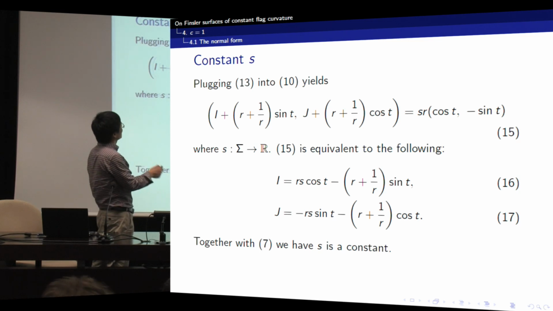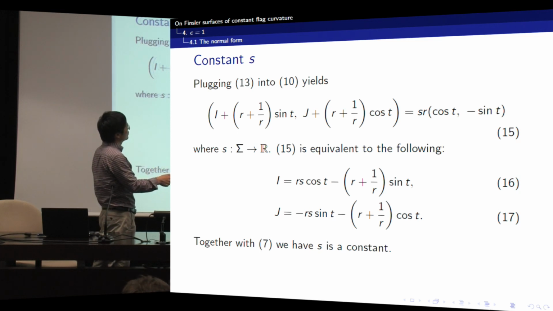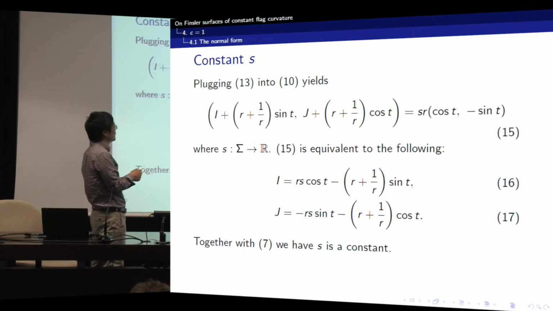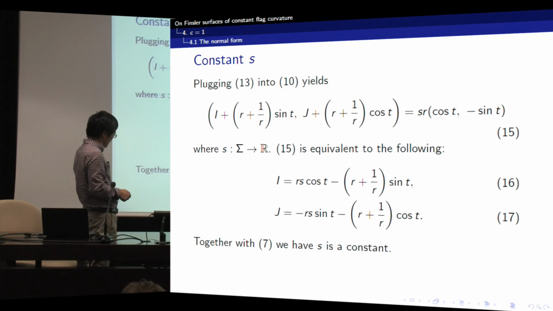So this vector and this vector are proportional. So we can suppose there is an S here. The S is a function on the unit tangent bundle. And then we can prove S actually is a constant.